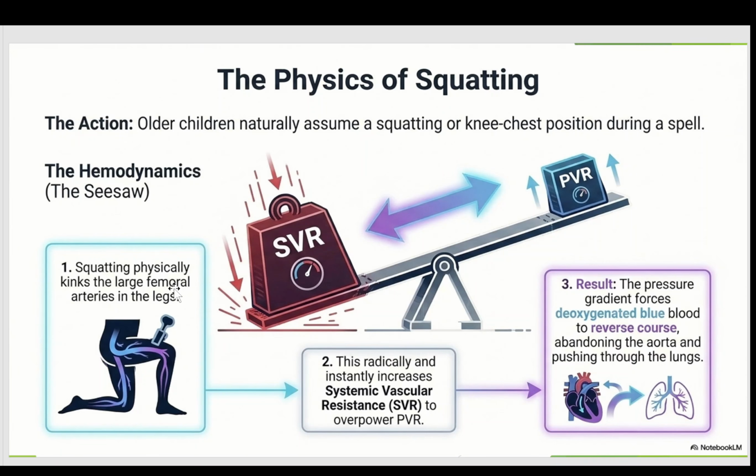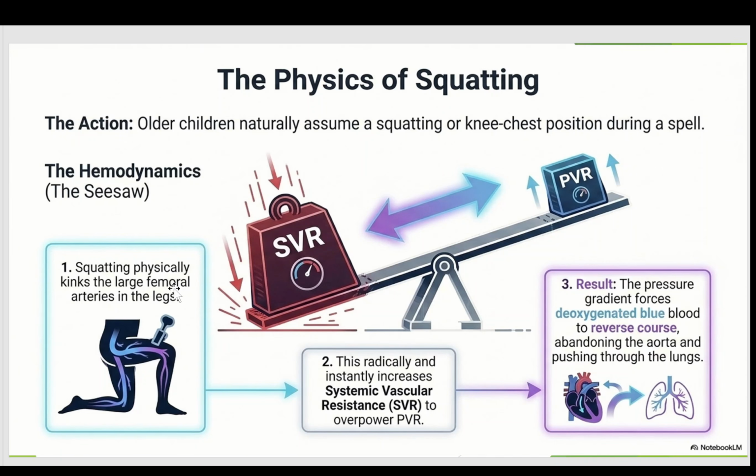Kinking of the major vessels of the lower limb occurs by squatting and systemic vascular resistance rises. So the left-sided pressures in the heart rise. As a result, the shunting from right to left decreases, so the cyanosis lessens. This is the mechanism by which squatting helps.